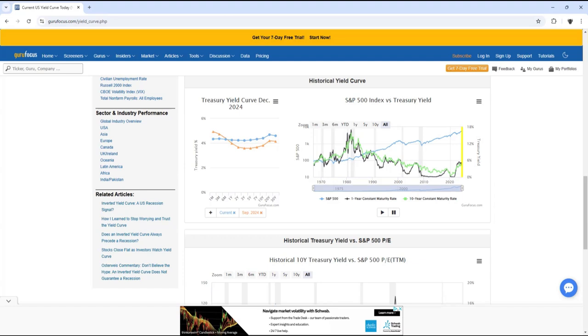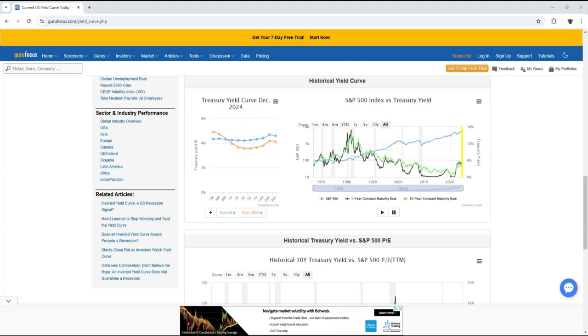Now, what I want to show you is that as rates came down, right, the yield curve has changed, and we can see that 20-year rates today are higher than they were back in September. So what does that mean for TLT, for example, right?